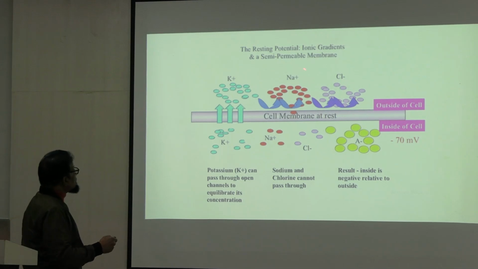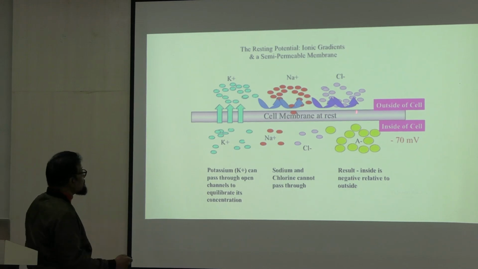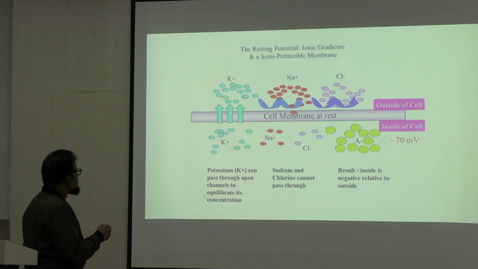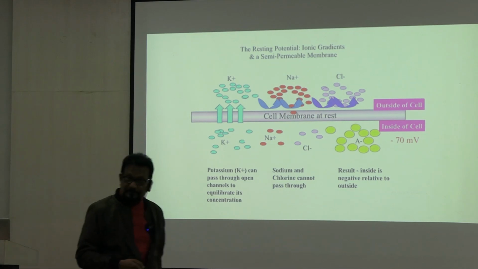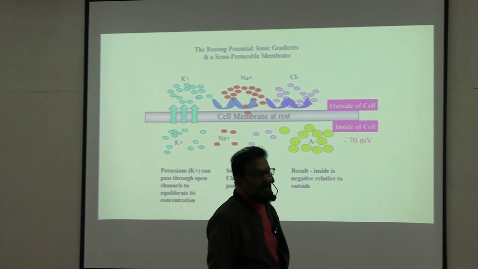Sodium concentration is much more outside and less inside. Chloride concentration is high outside, and the proteins are non-diffusible ions. Proteins are bigger in size, so they cannot diffuse through this membrane, so their concentration stays inside. So as a result, we can see there is an unequal distribution of ions.